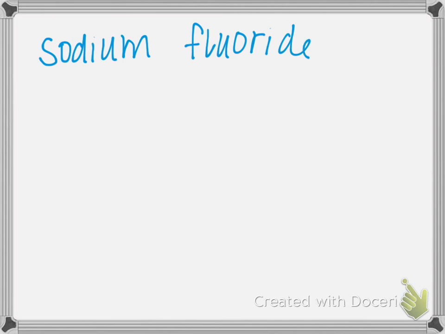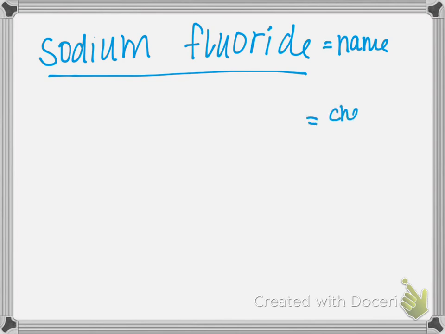So now I want you to give me the chemical formula of the compound sodium fluoride. Okay, I'm telling you that this is the name, and then you need to give me the chemical formula. Okay, the first thing I'm going to do here is I'm going to look at each of them individually.